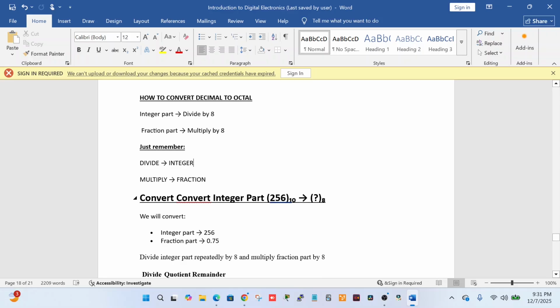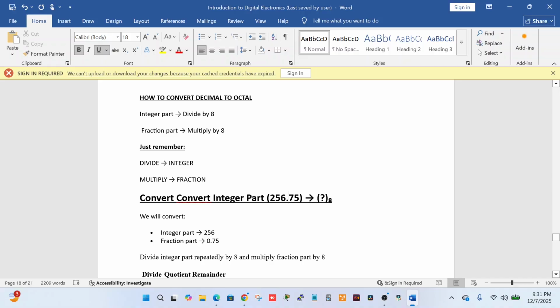Here, this is your integer part. Next, you have to convert 256.75 from decimal to octal.